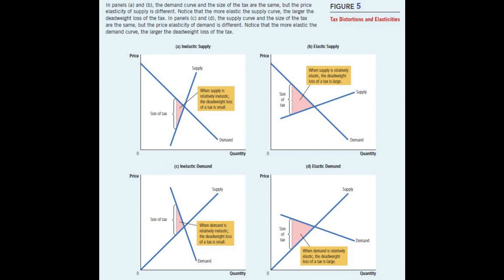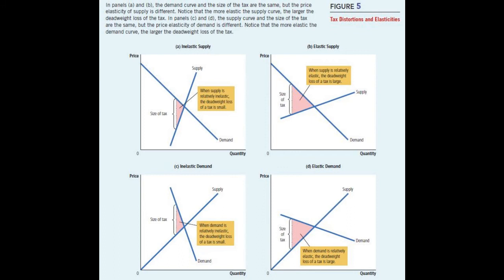Maybe we put a tax on allergy medicine per se. Well, if you really need that allergy medicine, you're a consumer that has very inelastic demand. You are not going to respond to price changes. Well, then that tax is going to be stuck right on you, especially if the manufacturer is able to buy and sell as much as they want. They're very responsive to price changes, elastic supply.